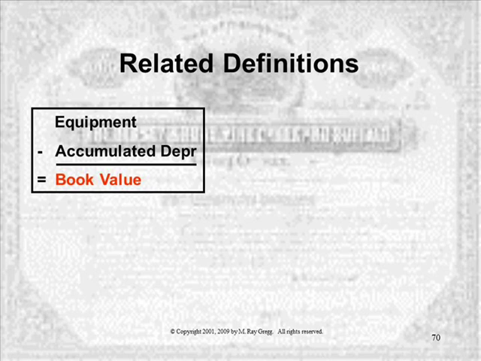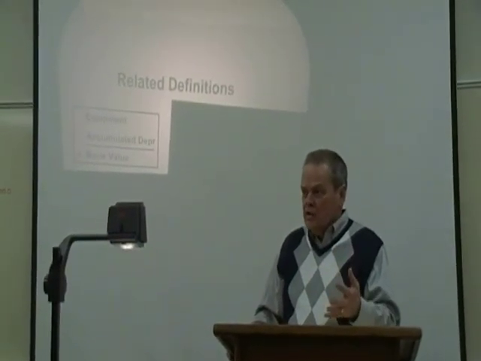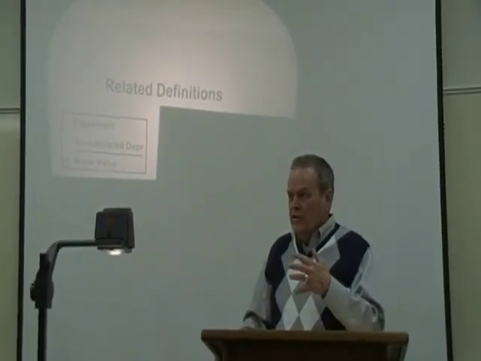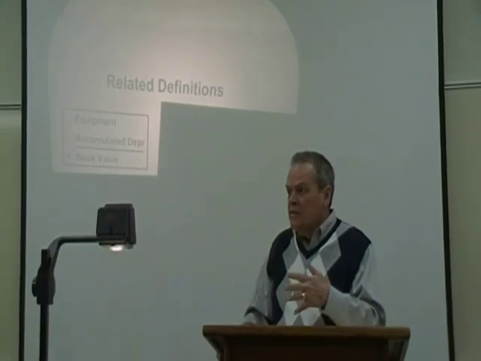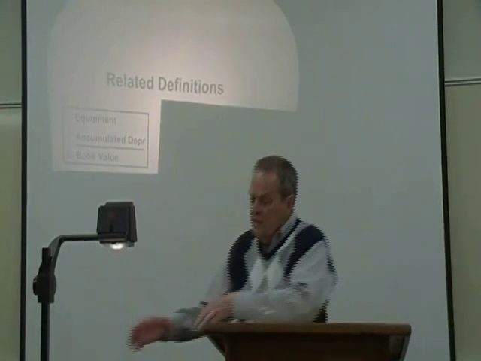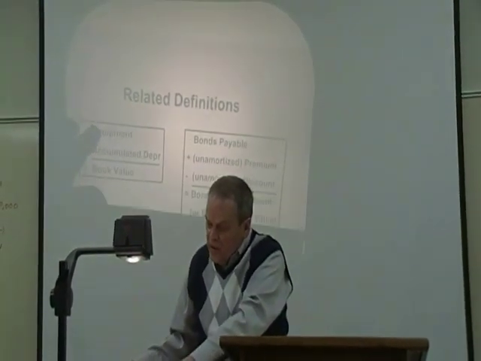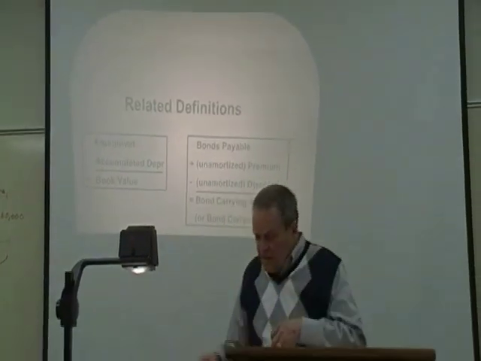A lot of times when we combine a main account and a contra account, we get a result that's worth naming. In the same way, we've introduced you to a contra account or a sub account, premium and discount, that are related to bonds payable. In the same way that we're combining to get a net number here, we could do the same thing with these bonds.